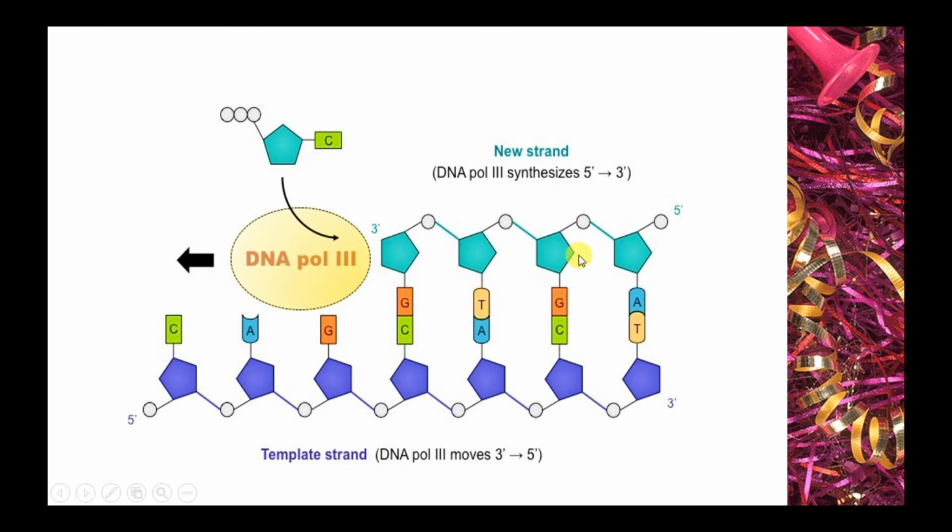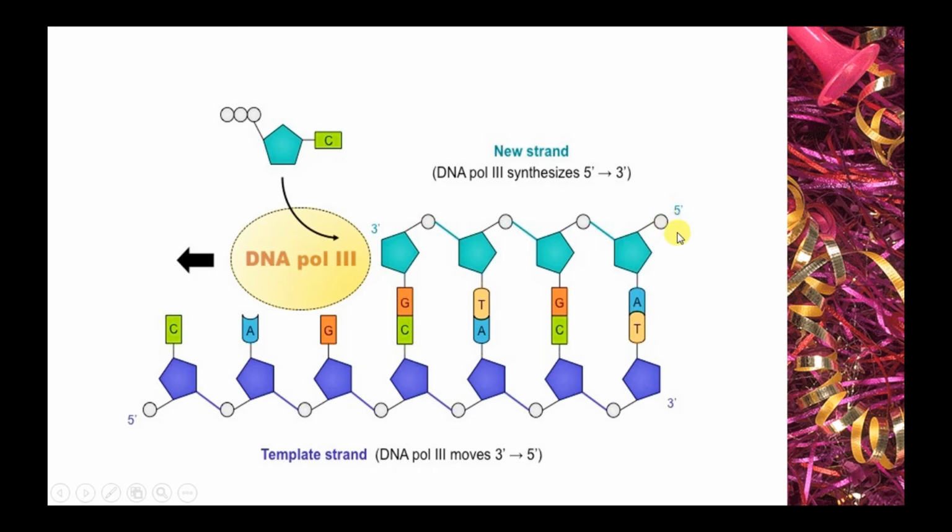Now you can see the formation of the new strand. It's the most important thing to understand, so look at it. This is the 5' end. Why are we calling it the 5' end? Because here the phosphate group is free, and the hydroxyl group of another nucleotide will come and connect to it.